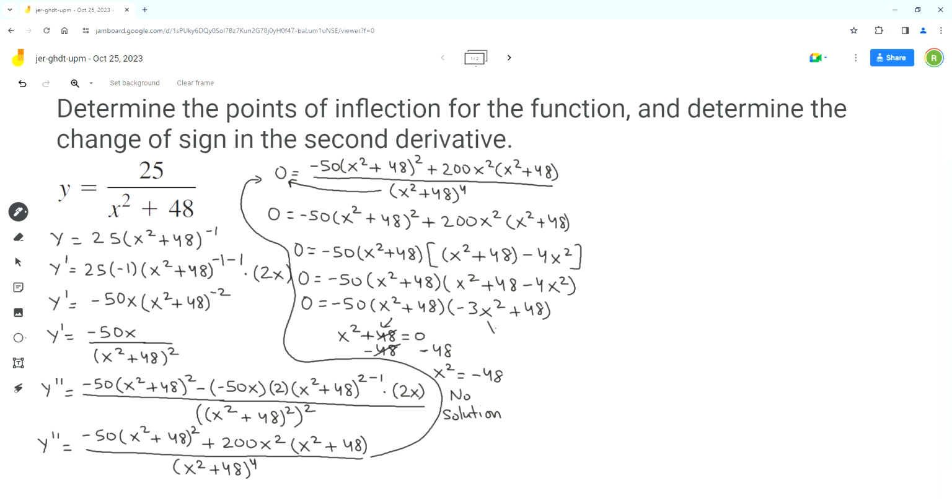Now we can analyze the second case. We can subtract 48 from both sides, so the 48s on the left side get cancelled out. So we get negative 3x squared equals negative 48.